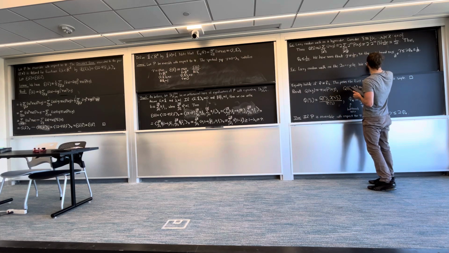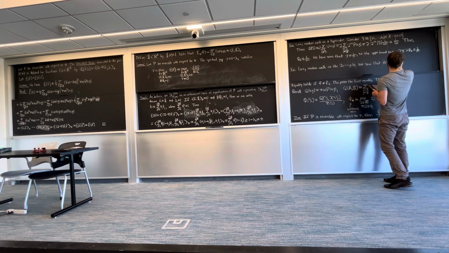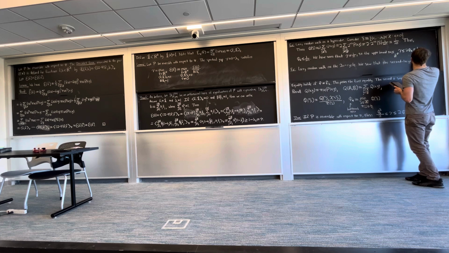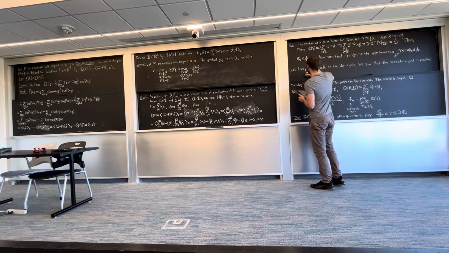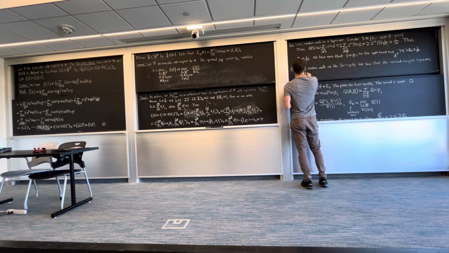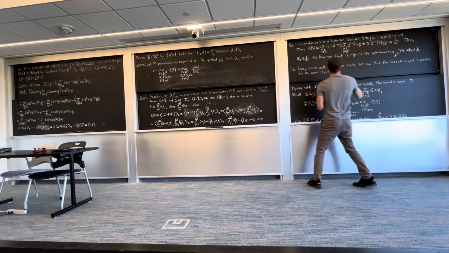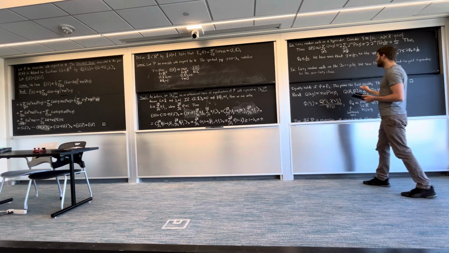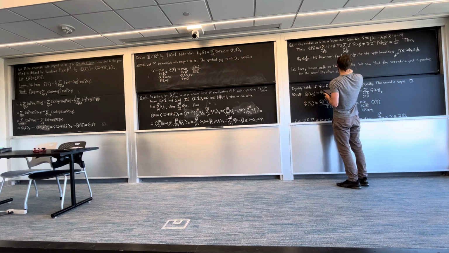For the non-lazy simple random walk on the 2n cycle, we saw that the second largest eigenvalue is cosine of pi over n.